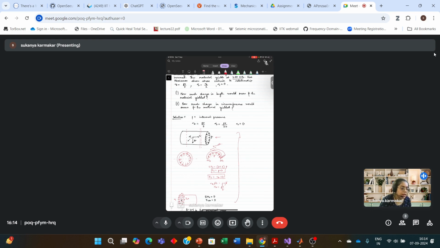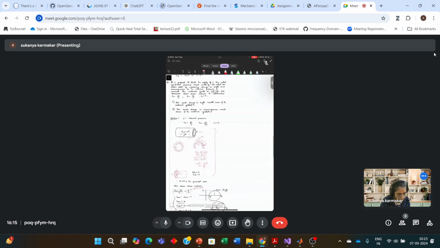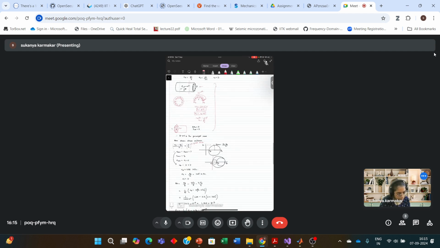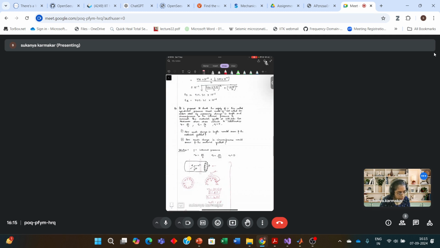So epsilon theta is the change in the circumference length by the total circumference length, a measure of the percentage change in circumference provided that the material has yielded. So this is the third question.